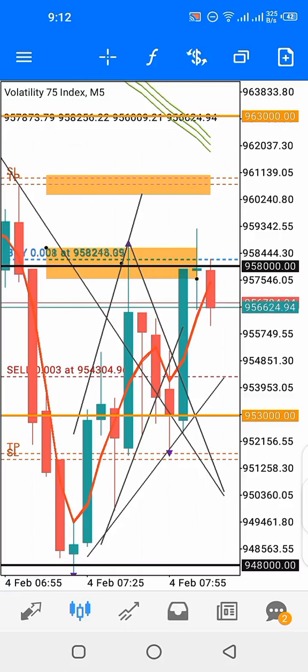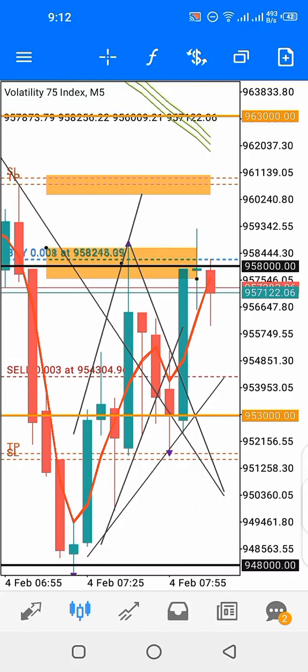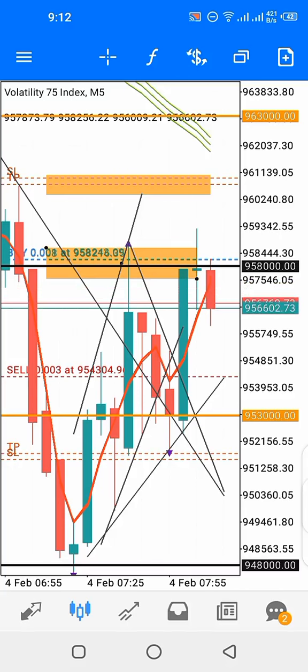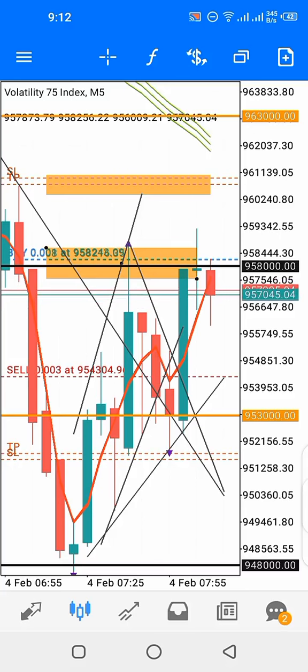Right now, the sellers are trying to take price down, but I know the buyers are in control and they can push price up at any time.